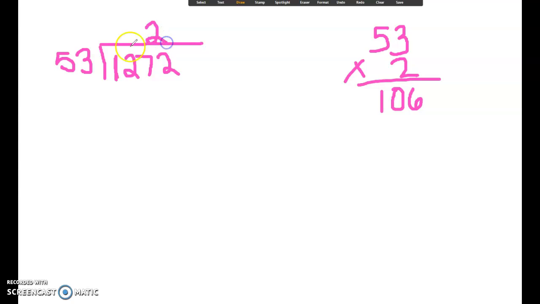So let's go ahead and put our 2. We divided. Now we need to multiply. 53 times 2. What is 53 times 2? 106. That's what we got. So let's multiply. And now our next step is to subtract, just like we have been doing. Can somebody help me with this?